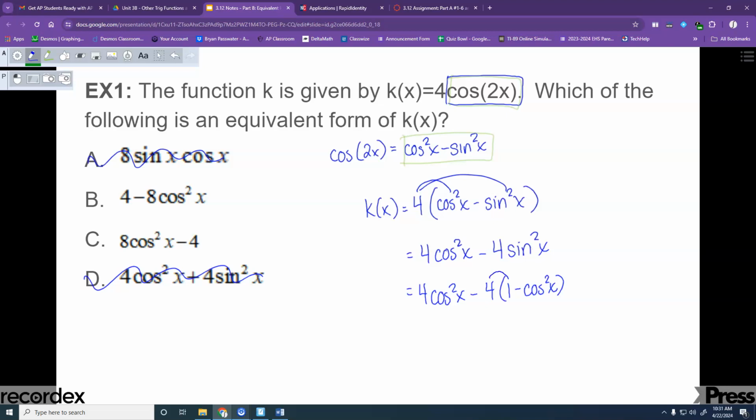And we will need to distribute our negative 4. So we'll have 4 cosine squared x minus 4 plus 4 cosine squared x. And then these 4 cosine squared x's, I can put together. That will give me 8 cosine squared x minus 4. And that is C.